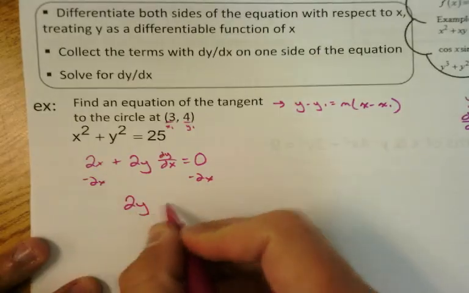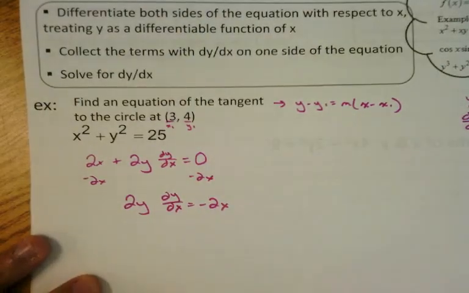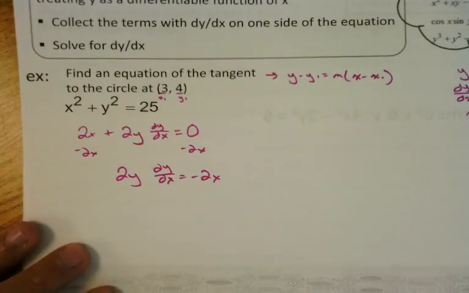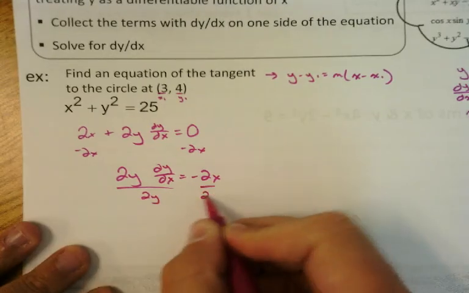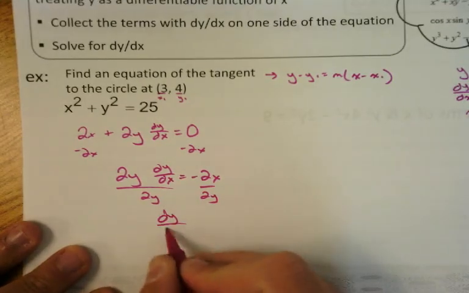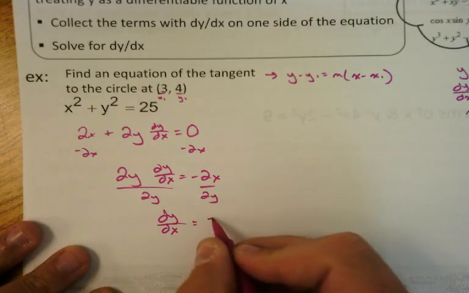So I'm going to get 2y dy/dx is equal to negative 2x. Once we get here, divide both sides by 2y. So dy/dx is equal to negative x over y.